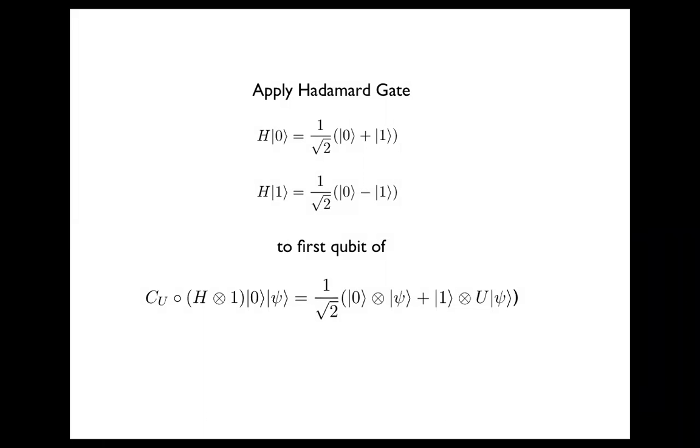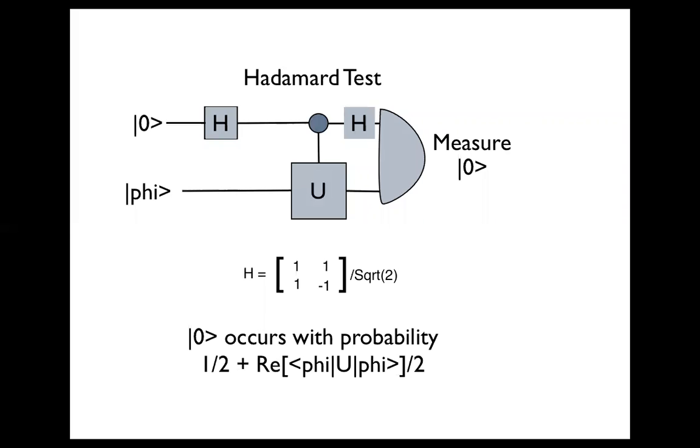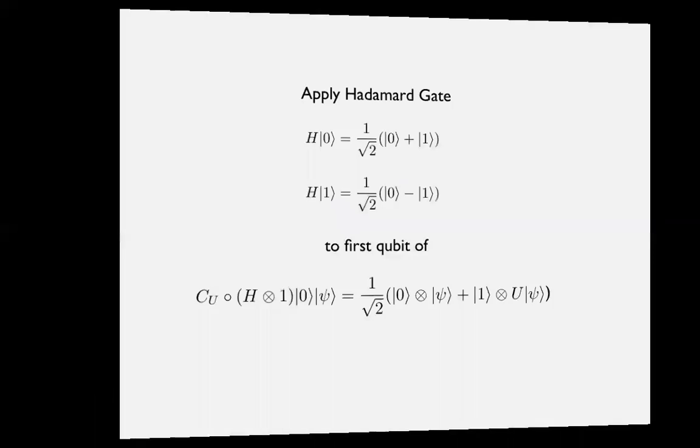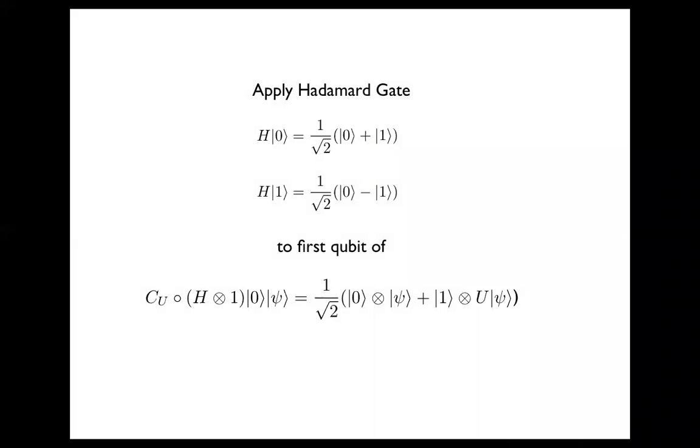Now, the entire algorithm is up to the controlled U, but no farther. The entire algorithm is: apply controlled U to H tensor 1 applied to 0 and psi, the input. So we can actually write this out just for the sake of getting used to this sort of thing.